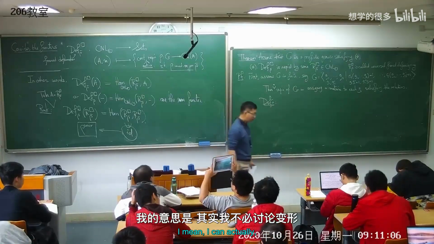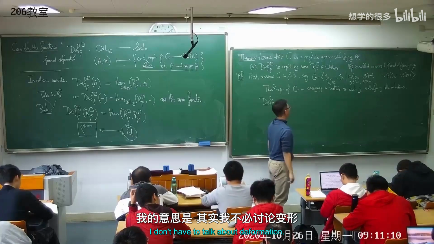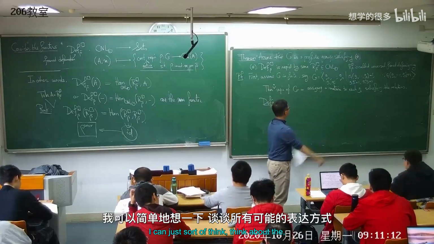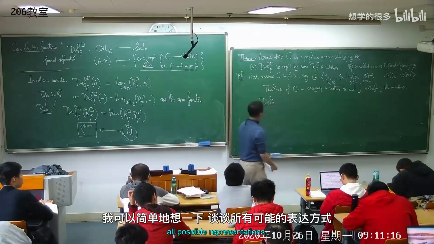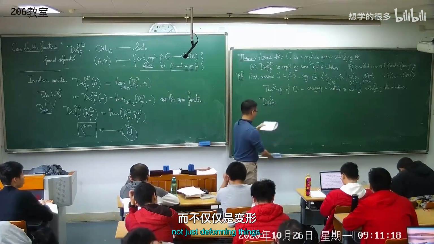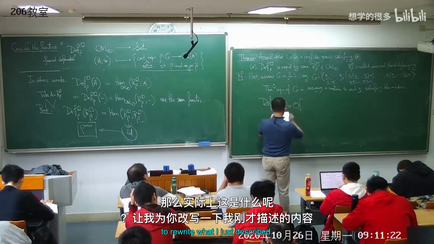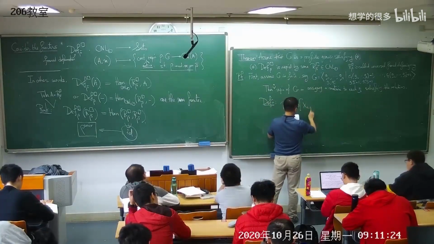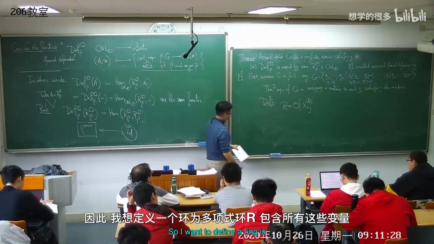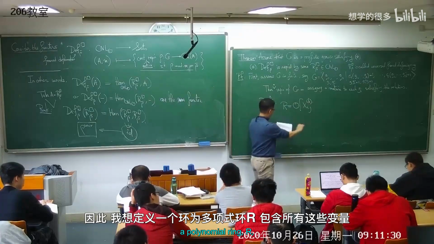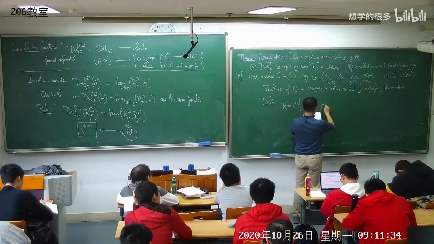Right? So therefore, think about how things could deform. I don't have to talk about deformation. I can just talk about all possible representations, not just deforming things. So let me rewrite what I just described. I want to define a ring R, a polynomial ring with all these variables.